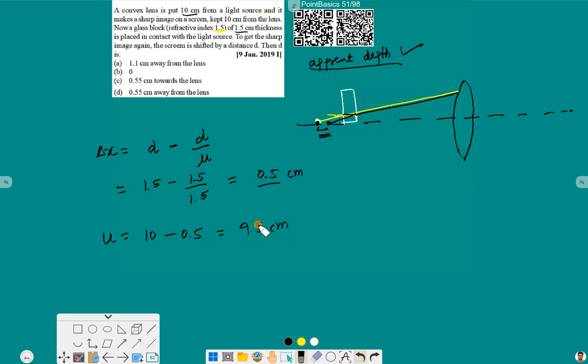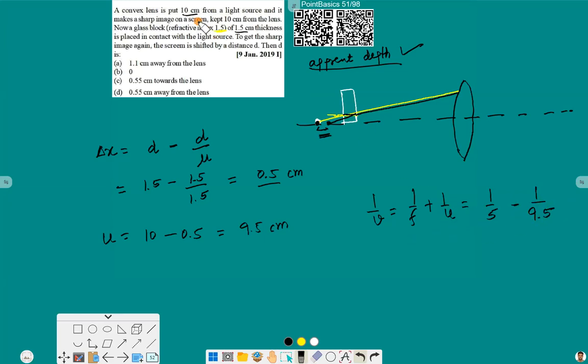So now we can calculate using the lens formula that 1 by v will be equal to 1 by f plus 1 by u, and that will give us 1 by 5 minus 1 by 9.5.